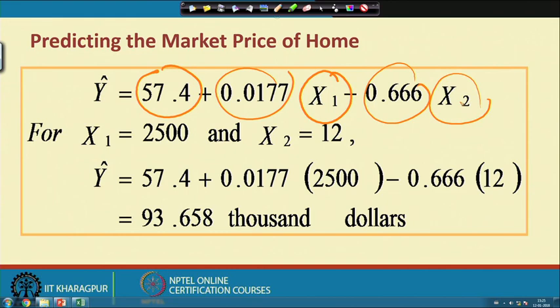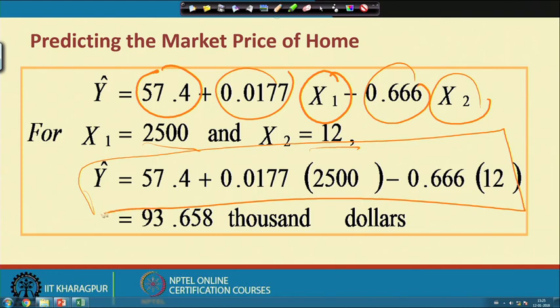Putting x1 equal to 2500 and x2 equal to 12, you can say that the housing price for this particular x1 2500 and x2 12 will be $93.66 thousand. So, this much you have to predict. Just imagine how regression can be useful for doing predictions, and how predictive analytics can be very useful for management decisions.